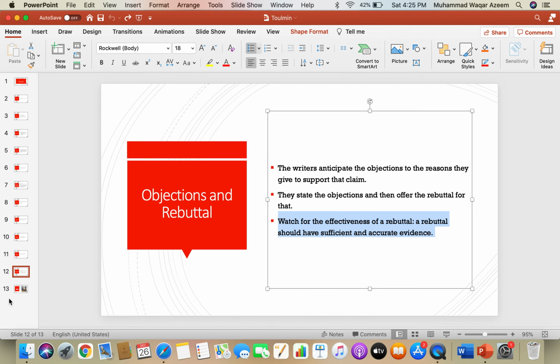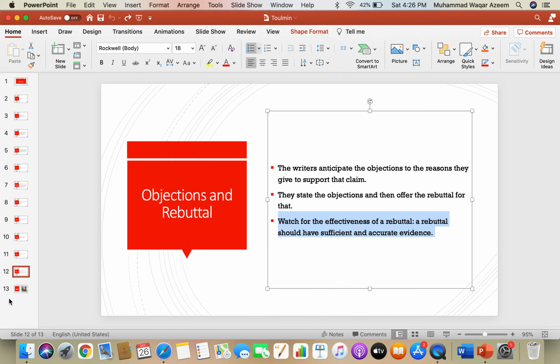The Toulmin method is a way to respond analytically to the arguments written by an author. When you use the Toulmin method, you break the argument into its parts. The parts of an argument are claim, the first one, reason, the second one, and evidence, the third one.